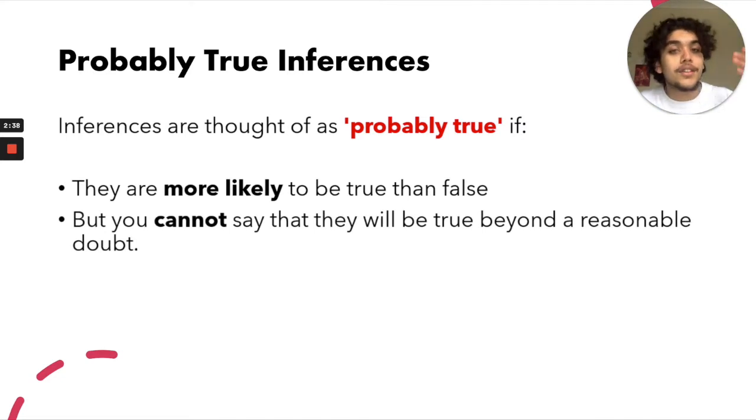However, you cannot say that it's true beyond a reasonable doubt. There's still something there, perhaps not enough information. There's just something that's holding you back from saying, that is definitively, conclusively true. So we call these types of inferences probably true inferences.